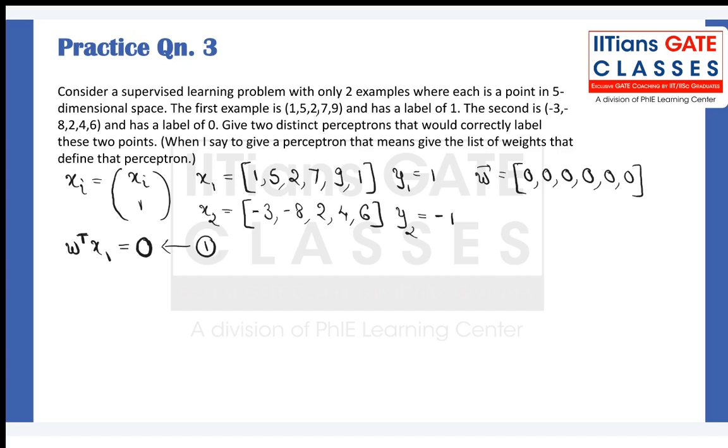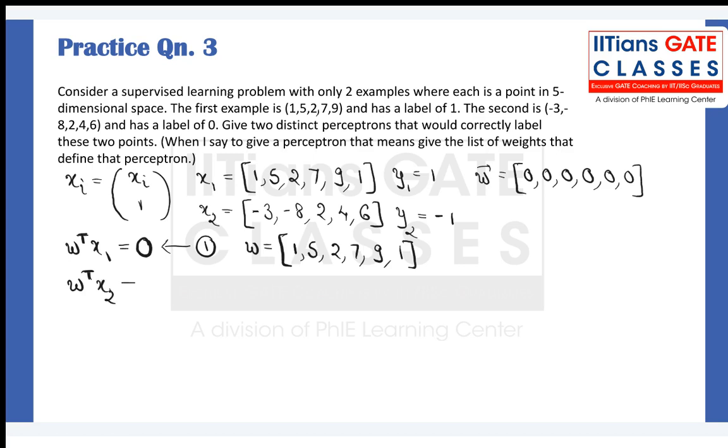So you will update W as W plus X. You will just add X1 to W. This is my new W. The next iteration, you will try to find W transpose X2.